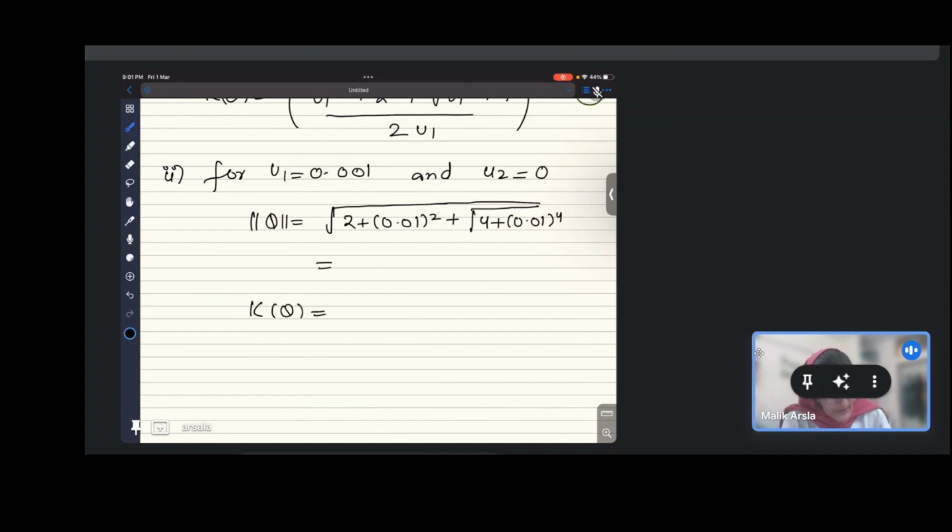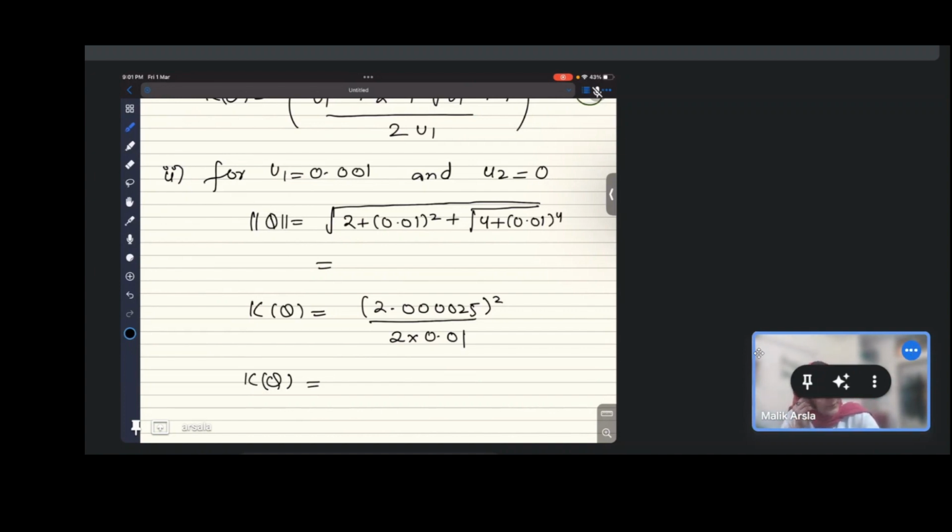Tell me what you are getting as the value of the norm and of the condition number. What is the value of the norm?